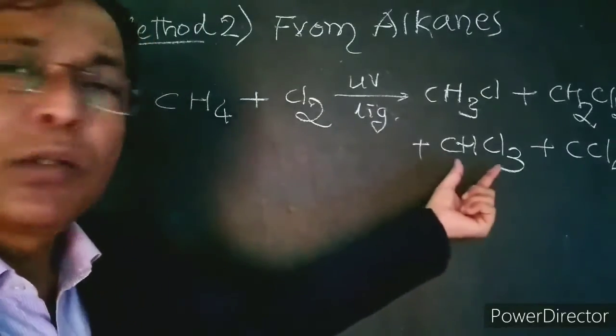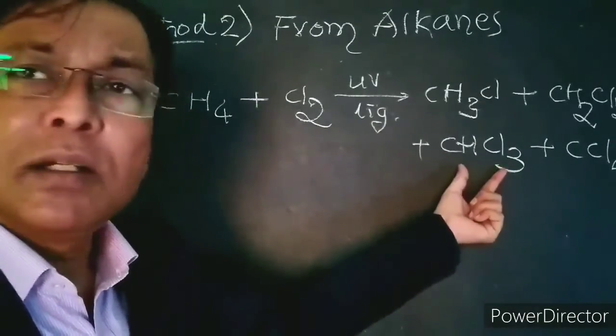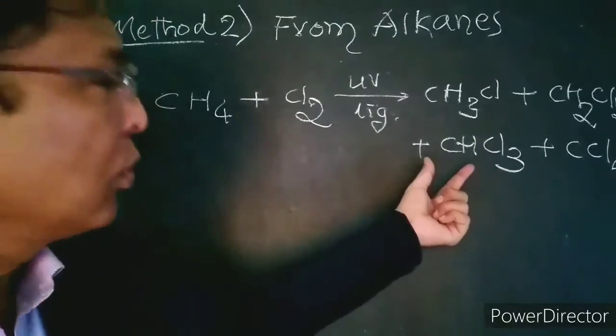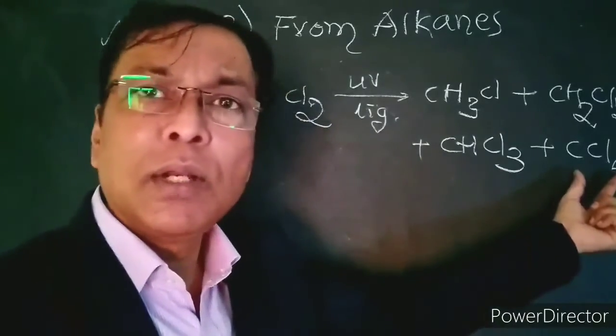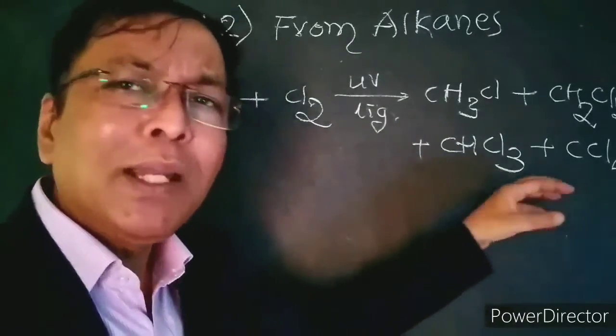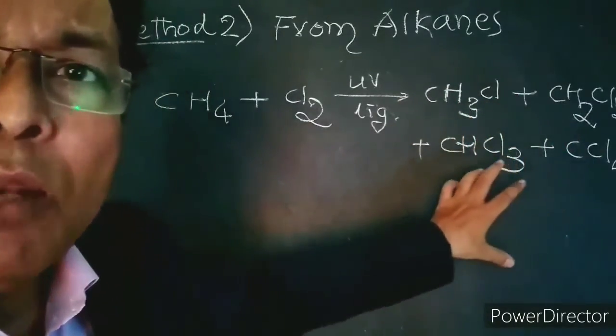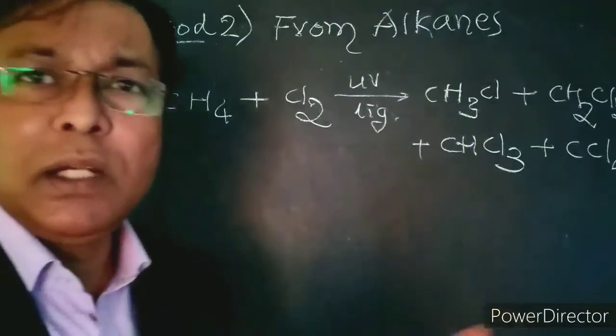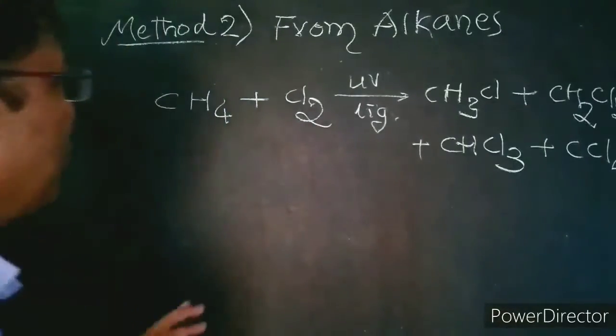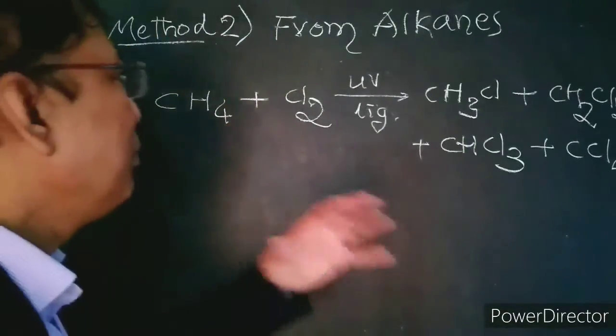CHCl3, trichloromethane, is also known as chloroform, and CCl4 is known as carbon tetrachloride. We get a mixture of mono and poly haloalkanes, which is very difficult to separate. Therefore, this method is not preferable.